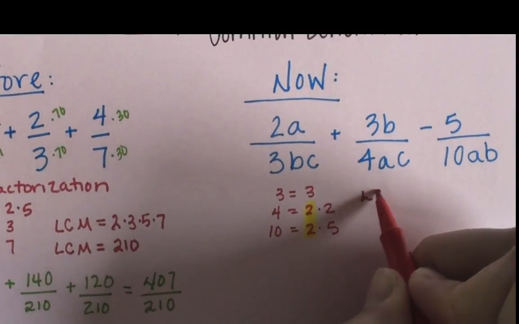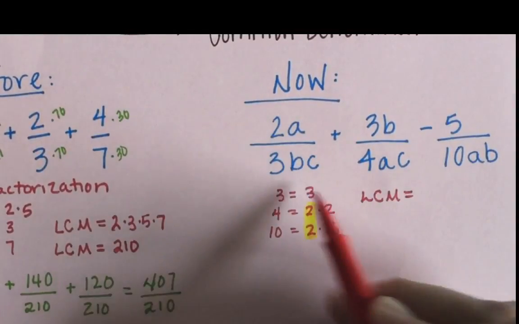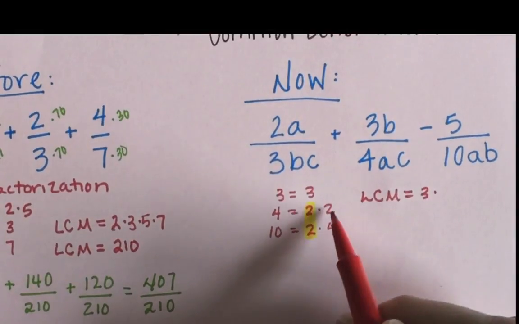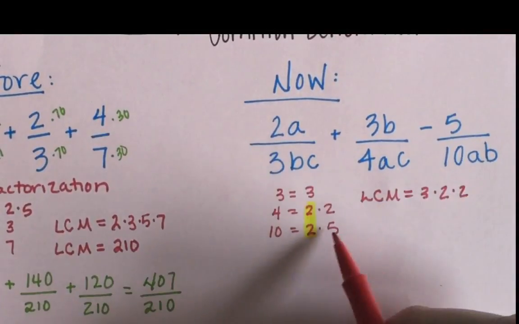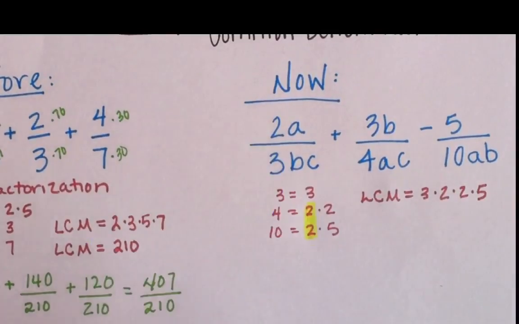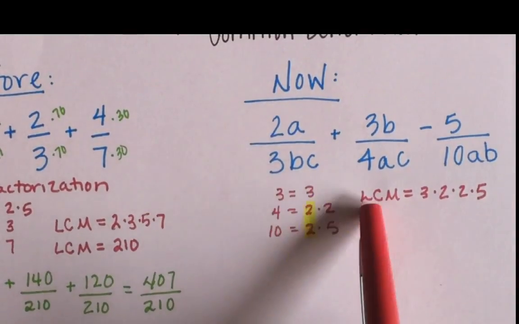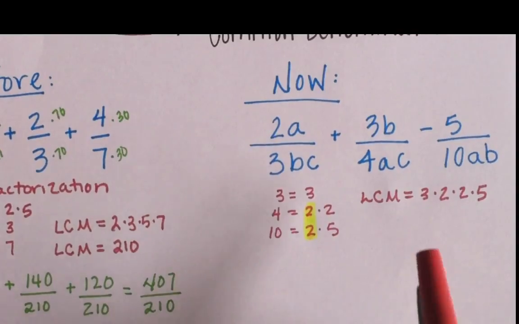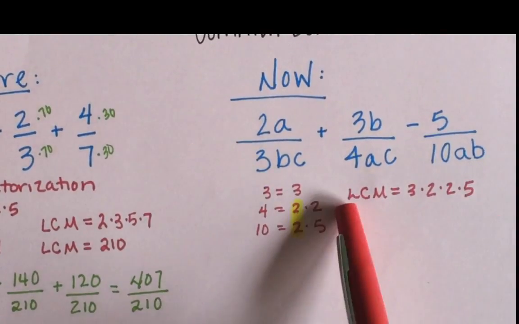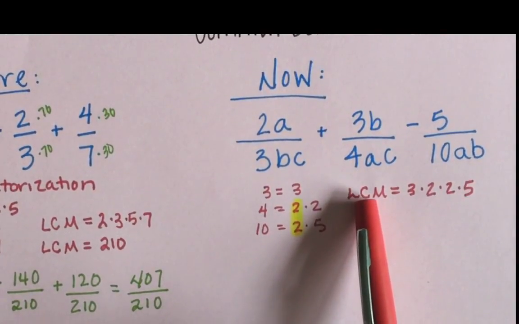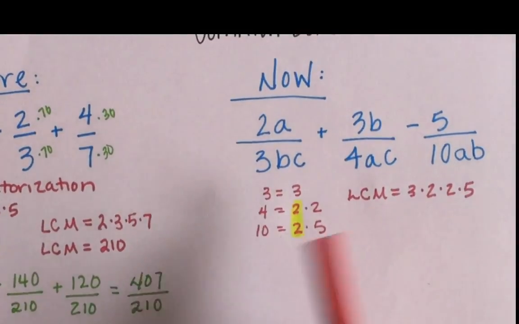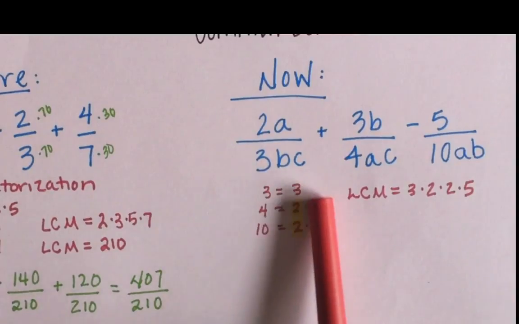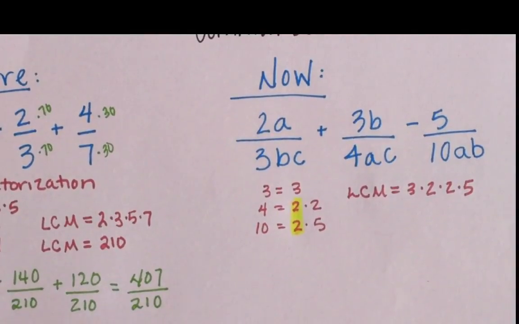So when we look at our LCM, we end up with 3 times the group of 2's times the 2 times the 5. So a lot of times when I used to teach junior high years ago, LCM was what's in common for the C and what's left over for the L. So what was in common was our 2's, what's left over are the ones I didn't highlight.